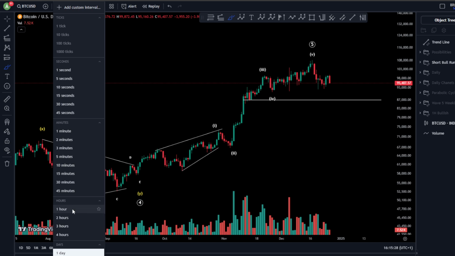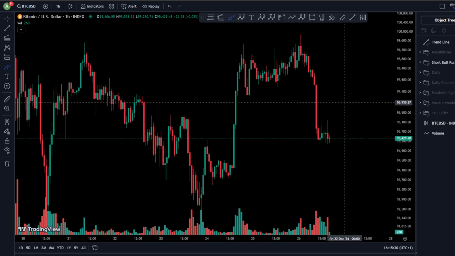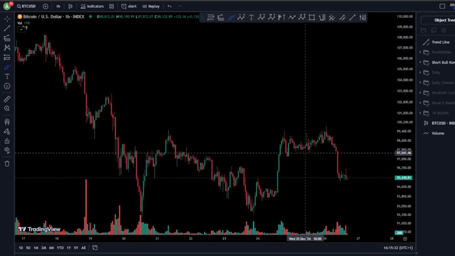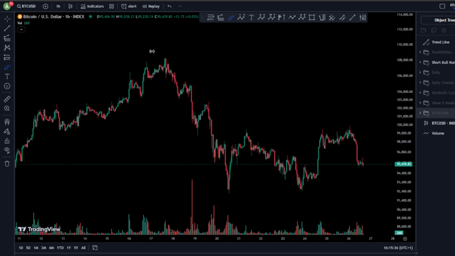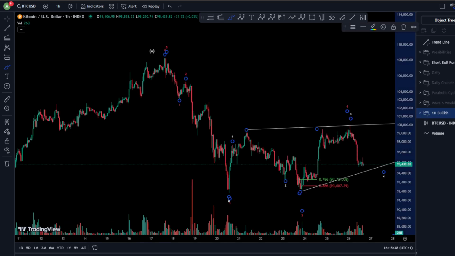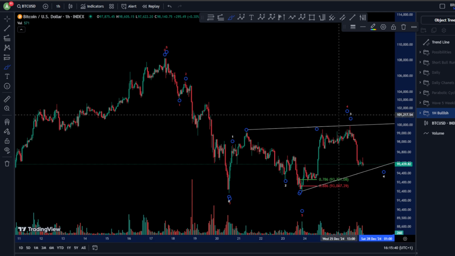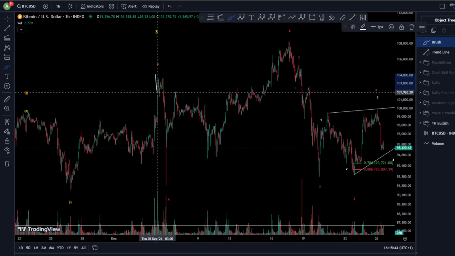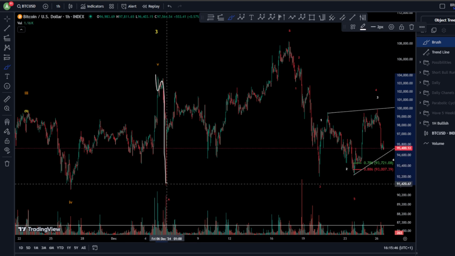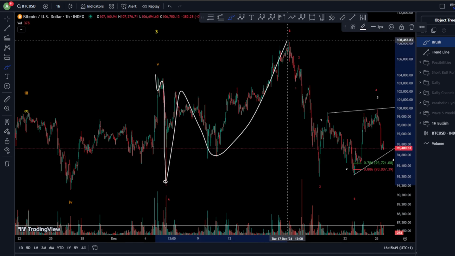The 1 hour chart, if we go to the 1 hour chart here, we can see that it was not finished as an impulse here. So therefore, it might still be corrective, as we said, if we bring this back here. As you can see, we have our ABC here, this correction. To see it closer, we have 3 waves down, 3 waves up, right?